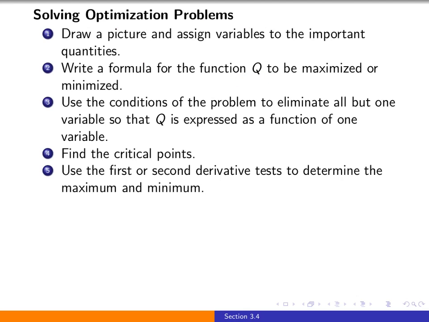In the previous example, it was writing down a formula for area. The typical thing is that this function is going to involve more than one variable, so we use some conditions from the problem to reduce it down to a function of one variable. Then it becomes a familiar problem. You find the critical points, and then you classify them with your derivative tests.